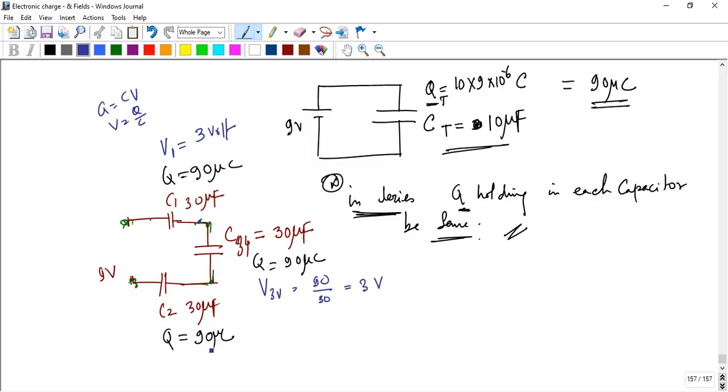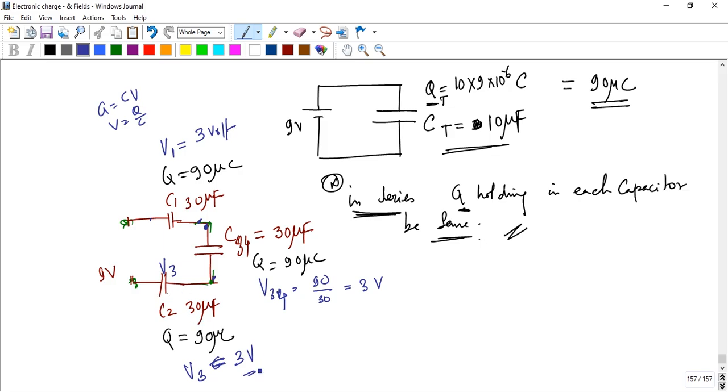And here V3, similarly 90 by 30, we get 3 volt, and the micro cancels. So the potential difference between the two plates of each capacitor is 3 volt.